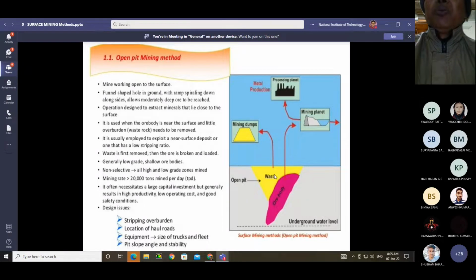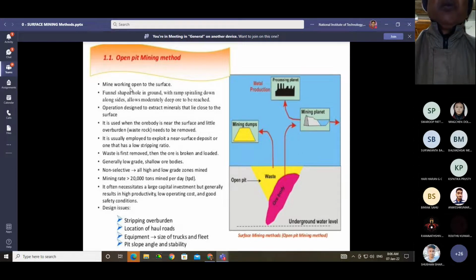So you have to remove this waste material, which is called your overburden, and it is dumped in the mining dump yard. And the pink color ore body is taken to the mineral processing plant for metal production. Okay, so this is the layout of an open cast, open pit mining method.